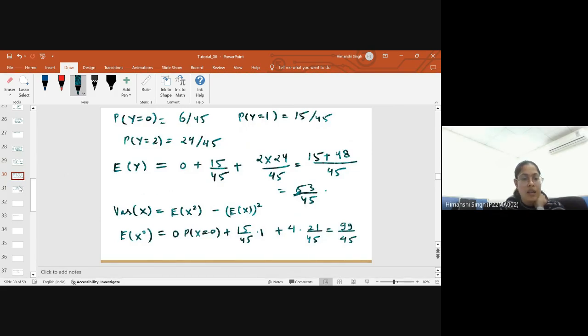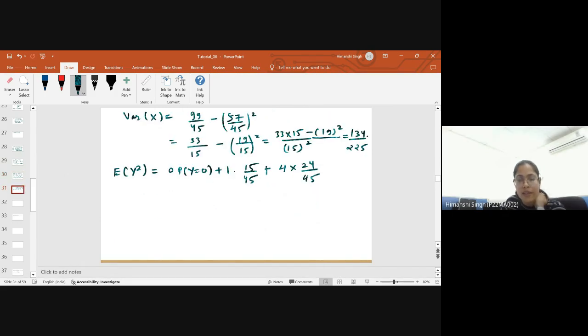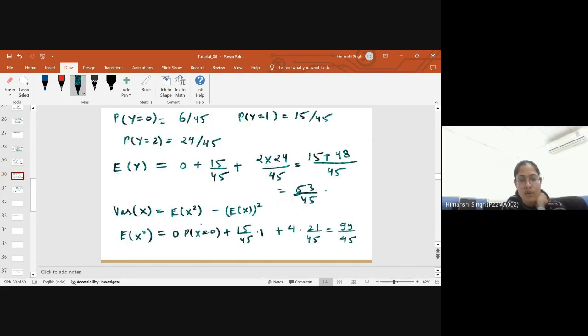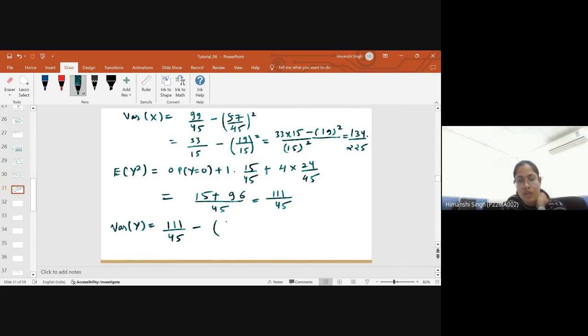So it will be 15 plus 96 by 45, which is 111 by 45. So variance of Y will be 111 by 45 minus expected value of Y whole square. Expected value of Y is 63 by 45, so it is 63 by 45 whole square.